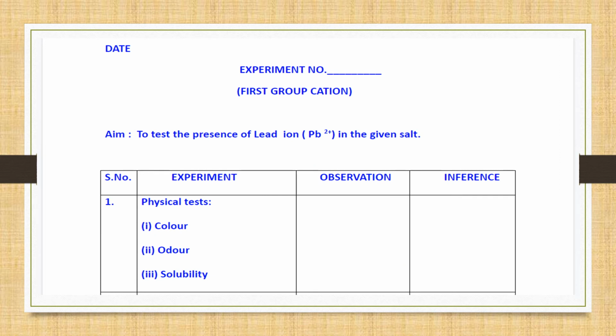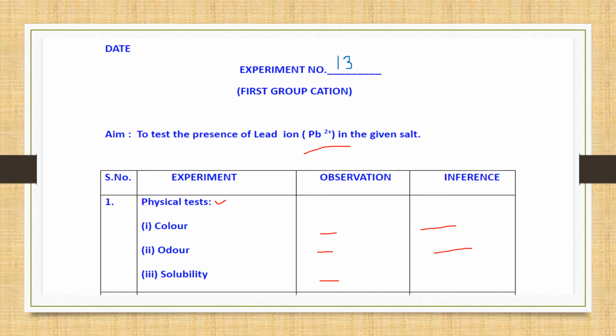Experiment number 13, that is the first group, group 1 of cations. It has lead in it, Pb2 plus. So in the same way you will carry out the physical test and write the color and inference here, odor and inference here if you can make out anything, and then the characteristic smell and color I was talking about, then finally the solubility.